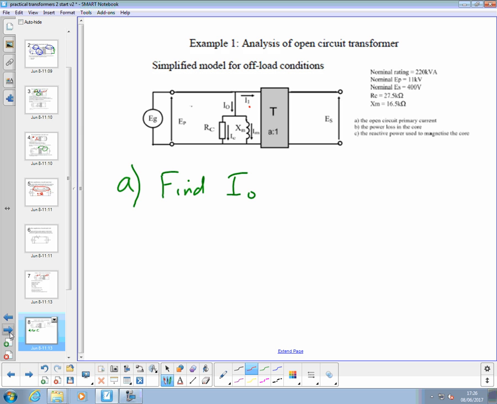So primary voltage 11 kV, this is 400 volts, RC 27.5 K and XM 16.5 K. This is a big transformer. Yeah, so we can find I0.